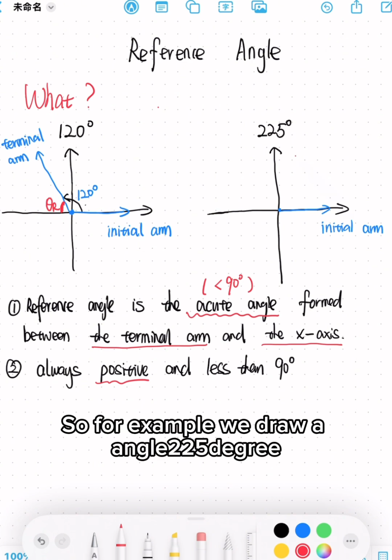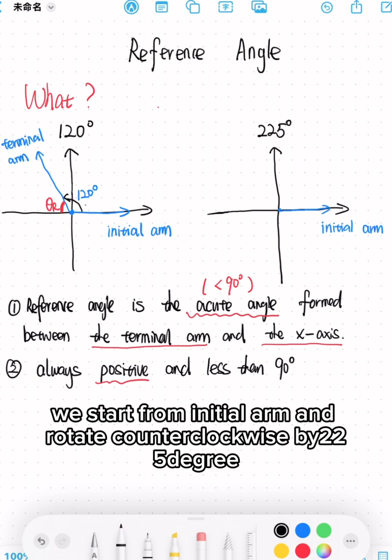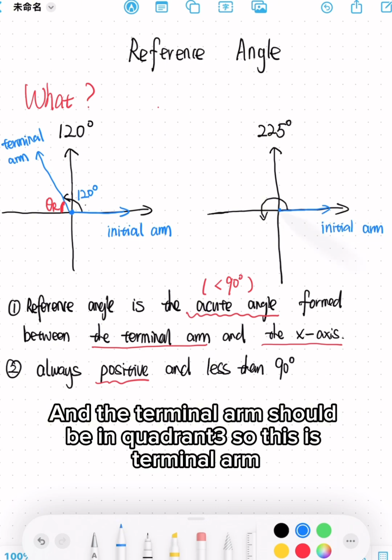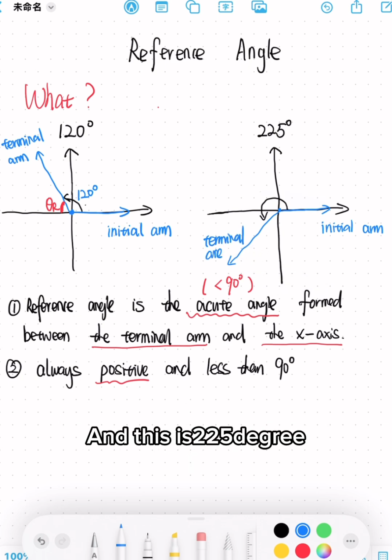So for example, we draw an angle of 225 degrees. Same, we start from the initial arm and rotate counterclockwise by 225 degrees, which should be here. And the terminal arm should be in quadrant 3. So this is the terminal arm, and this is 225 degrees.